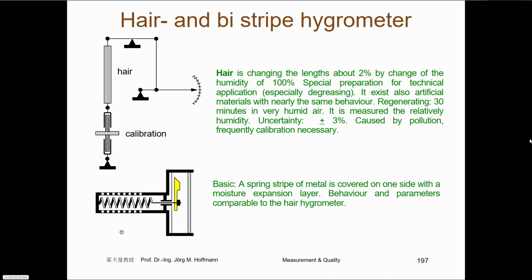When you have corn, for example, a big container with corn, it is important what the temperature is inside, what the humidity is inside. And then you have here a spring where you have an expansion difference between one side of the spring and the layer on the other side of the spring.